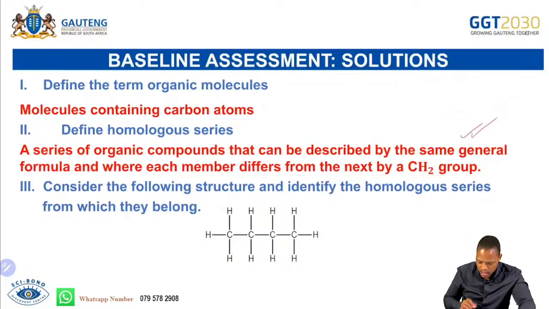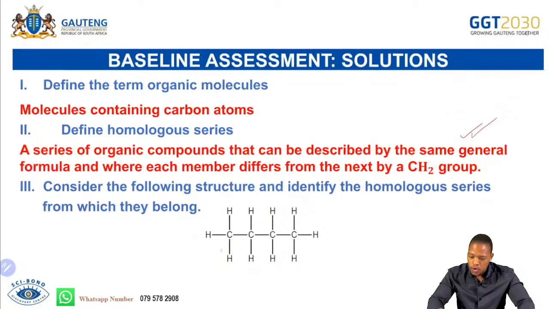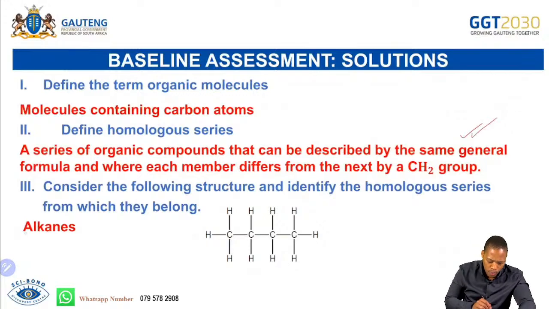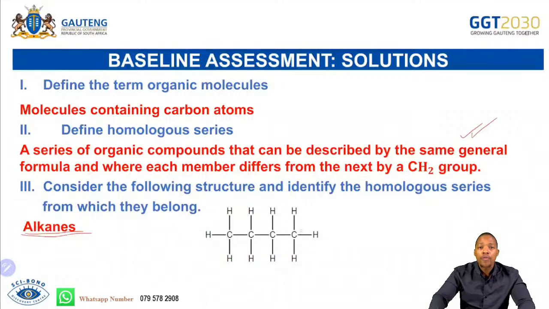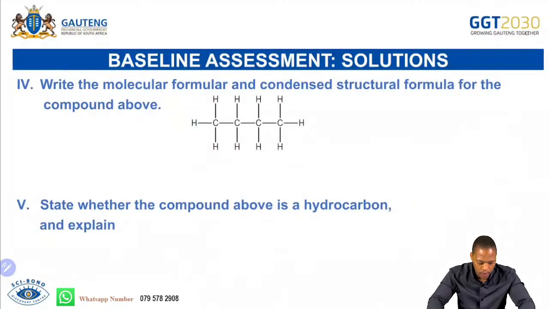So by looking at the structure, you should be able to identify to which homologous series it belongs. You should be saying that the homologous series that this structure belongs to is alkanes, because this structure consists of single bonds between the carbon atoms.